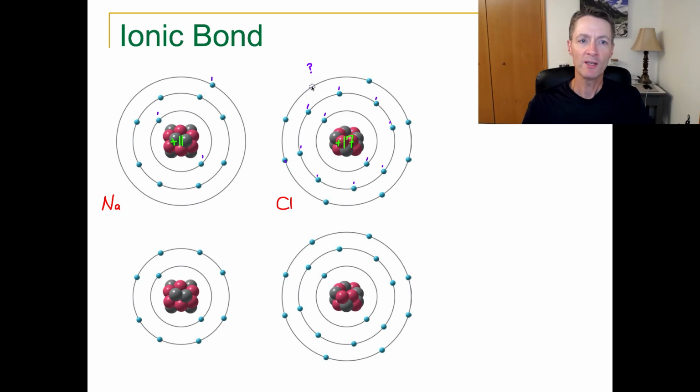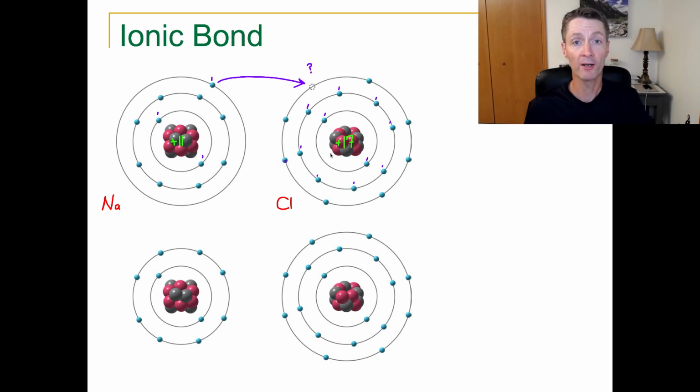So the easiest way for sodium to have 8 in the outer shell, to make this sodium atom happy, it would just as soon lose that electron. This would leave these 8 that are in the second level, right? And that would satisfy the octet rule.